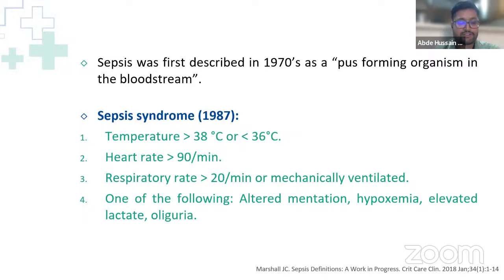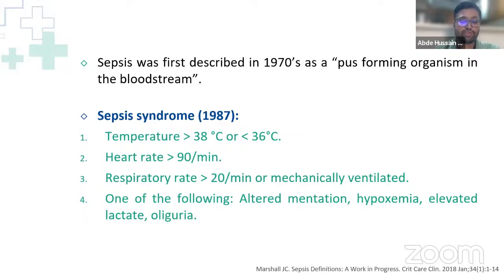In the 1970s, a small RCT was conducted to evaluate the effects of methylprednisolone in sepsis patients, from which it was identified that the host response is a crucial part of sepsis and needs to be targeted.